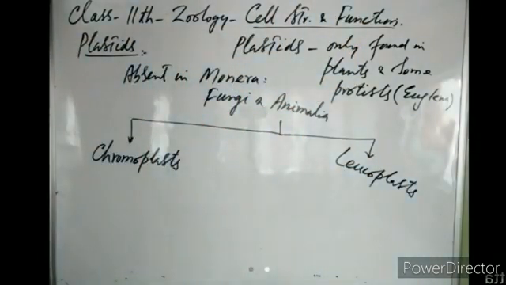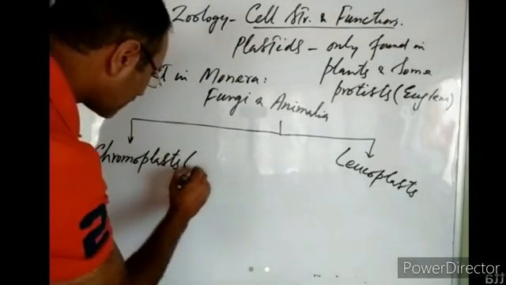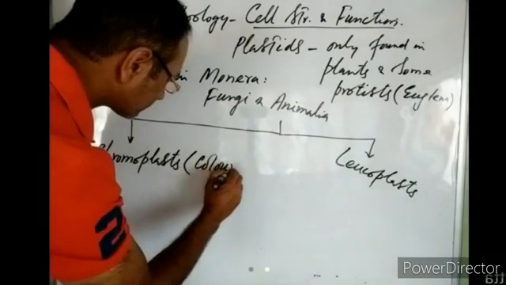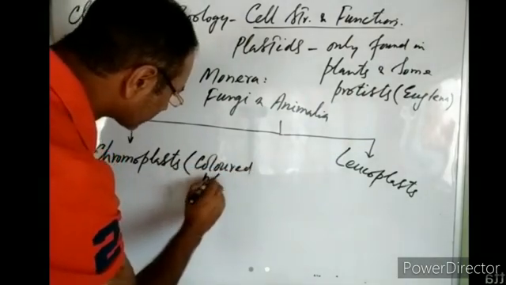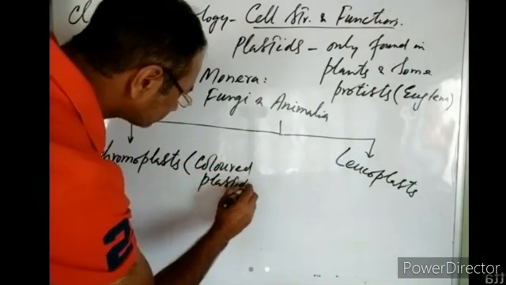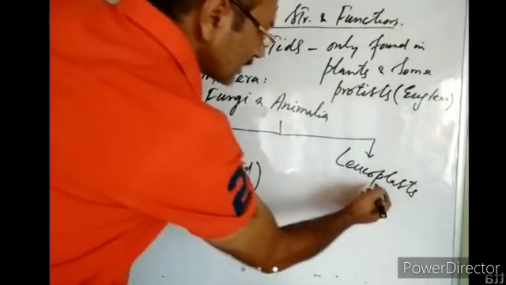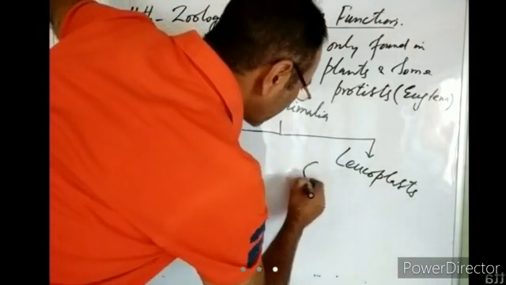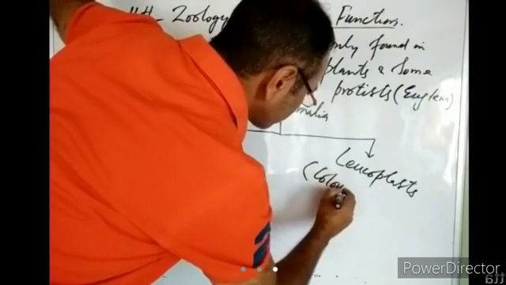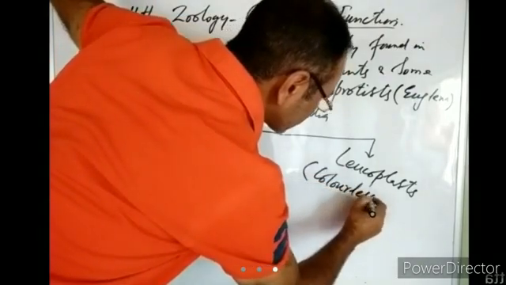Chromoplasts are colored plastids. Chroma means pigment, and plastid. Leucoplasts are colorless plastids.